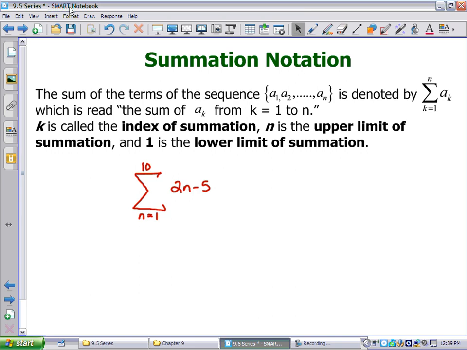And then you add up all of those terms, and there would be a total of 10 terms because you start at number 1 and you go up to number 10.